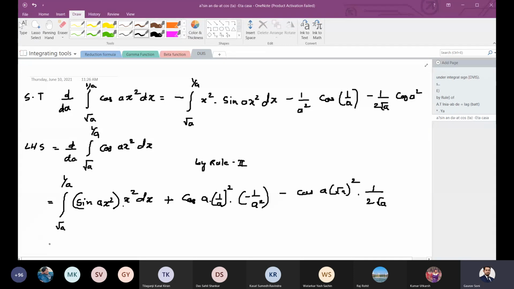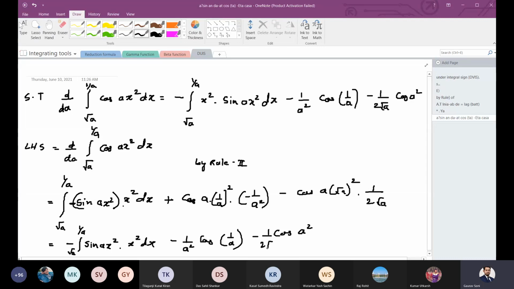So if you simplify this, that is integration, derivative of cos is minus sin, so this is minus integration root a to 1 upon a of sine of ax square into x square dx. In this you will have minus 1 upon a square cos of 1 by a. And the third term is minus cos of a square into 1 upon 2 root a, which is equal to RHS. So this is how we apply the rule number 2.